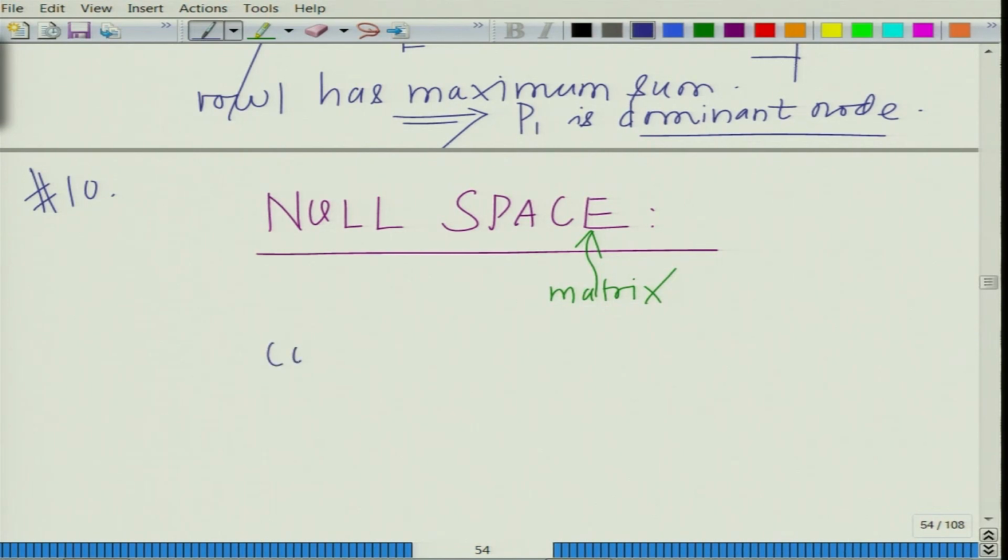Consider a matrix A, which is of size m cross n.